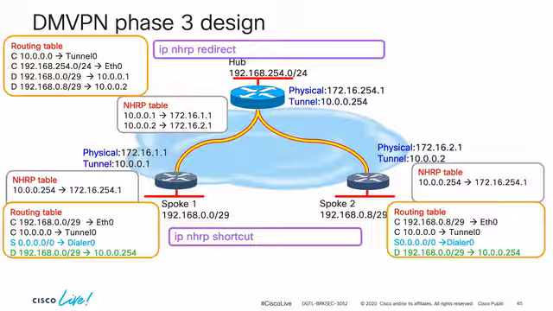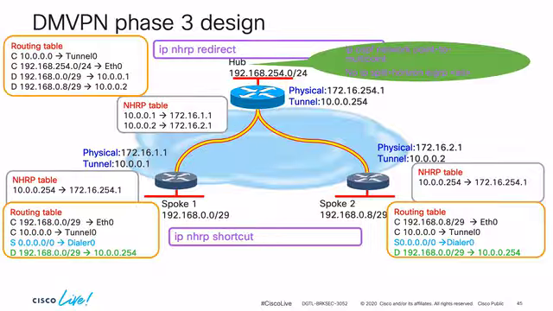And depending on the routing protocol being used in this particular design, we would need some mandatory commands related to routing protocols. In case of OSPF, on the hub and on the spoke, we will have to define the OSPF network as point to multipoint. If we have EIGRP as our routing protocol, we'll have to disable split horizon on the hub.